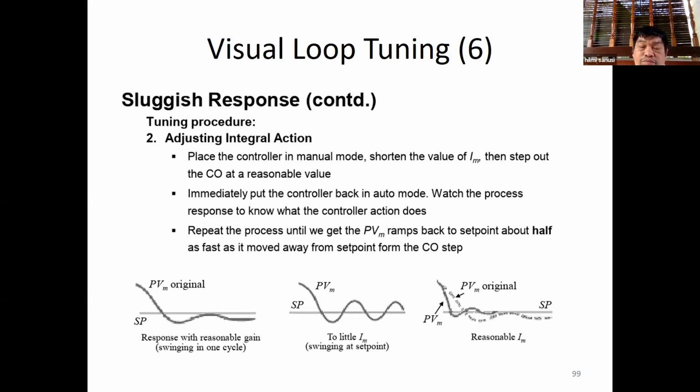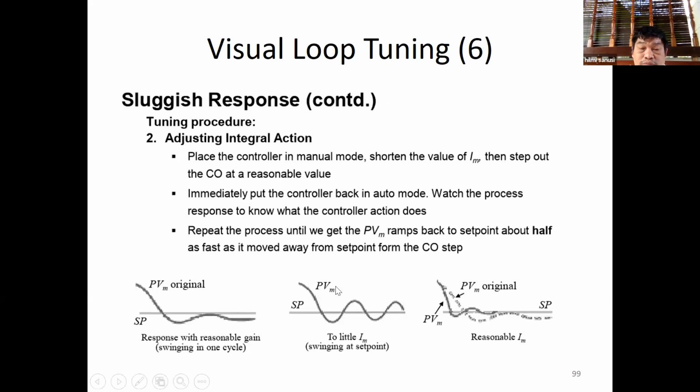Means that you introduce the feedback, and then you masukkan balik dalam, so that you can adjust PI dengan D, and then we get a new PV RAM back to a set point about half of the fastest as it move away from the set point.